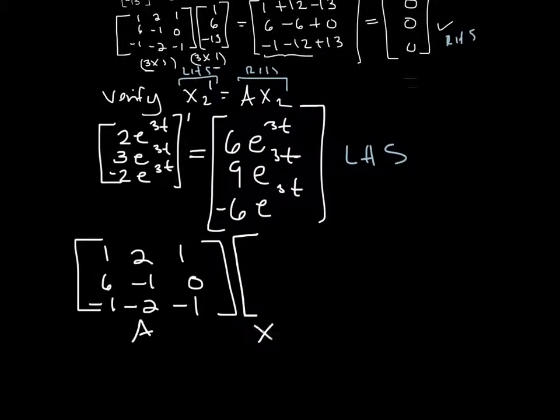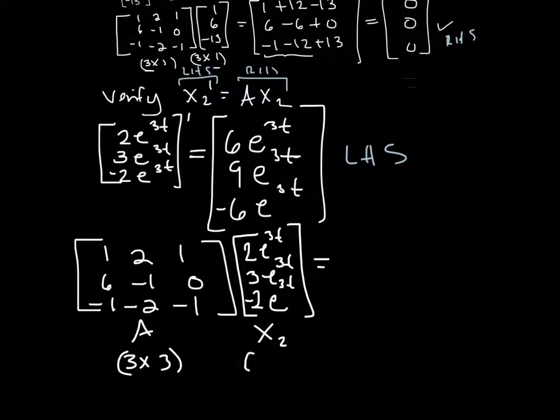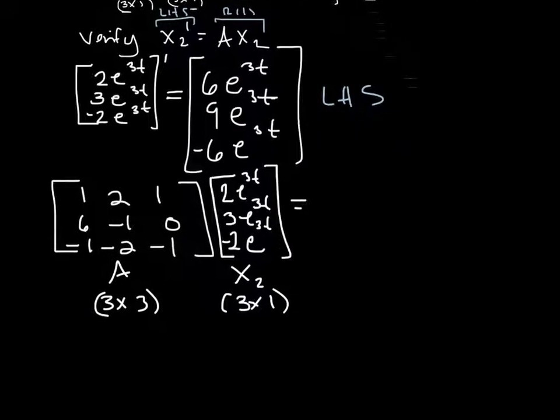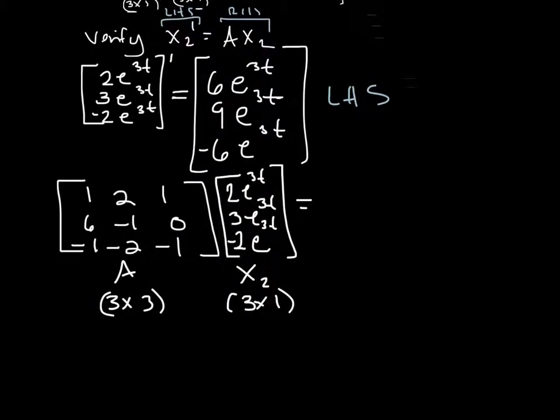So Ax2, again, these are boldface. And we have 2e to the 3t, 3e to the 3t, and negative 2e to the 3t. So again, we have a 3 by 3, and we're multiplying it by a 3 by 1, and so we should have a 3 by 1, and in fact, we should get this guy because we're verifying.